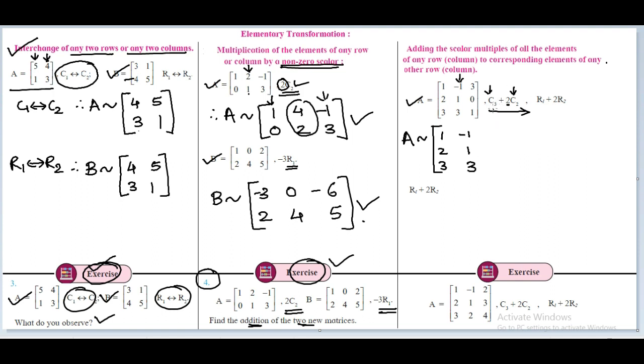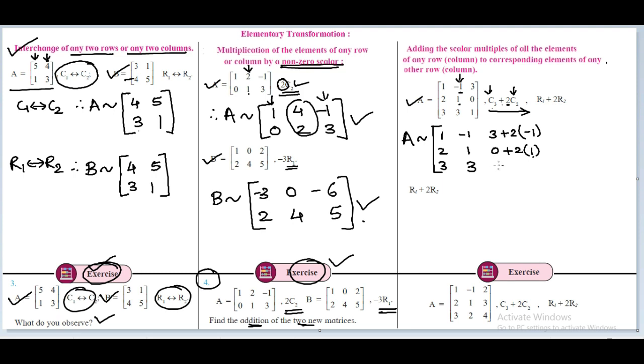What is that transformation? That is C3. What is the element of C3? 3. And what is the operation? Plus 2C2. What is the element of C2? That is -1. Now after that, what is the next element of C3? That is 0 plus 2 into 1. This one is the element of the second column. And what is the third one?